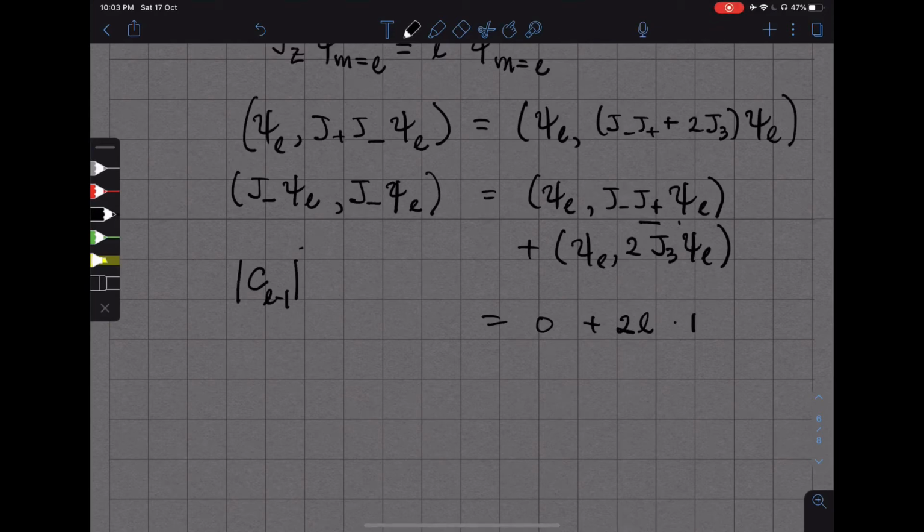So I get this thing squared times 1. So this is going to be the result from my left-hand side.